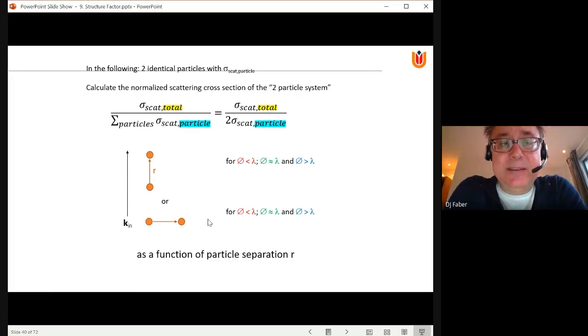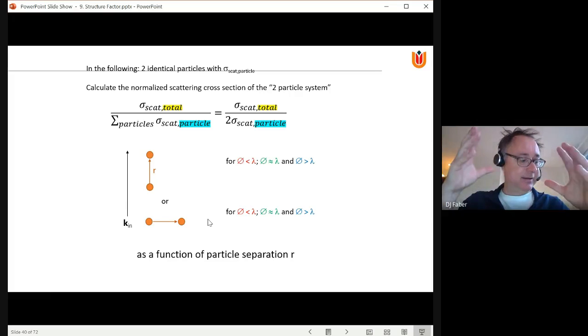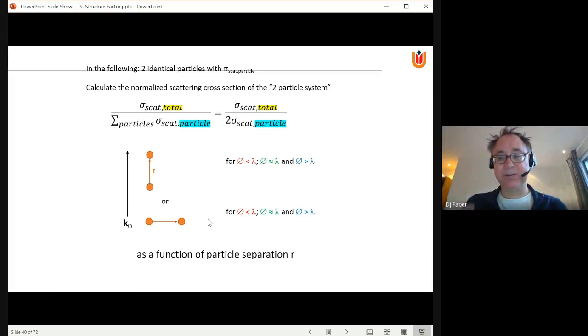And what I'm going to do is calculate the scattering cross-section, the total scattering cross-section of the two particle system. So that means that I'm going to calculate the scattered intensity of these two particles, taking into account this possible phase term, and then sphere around it, and then integrate over that sphere to get the total scattering cross-section of the system.